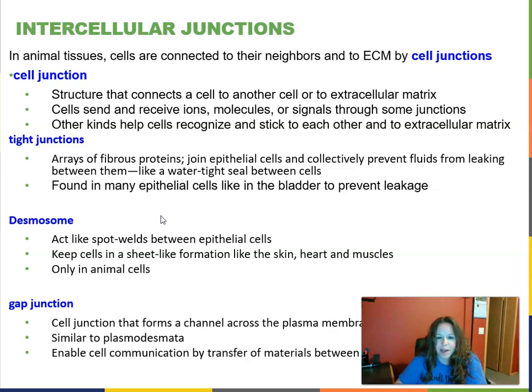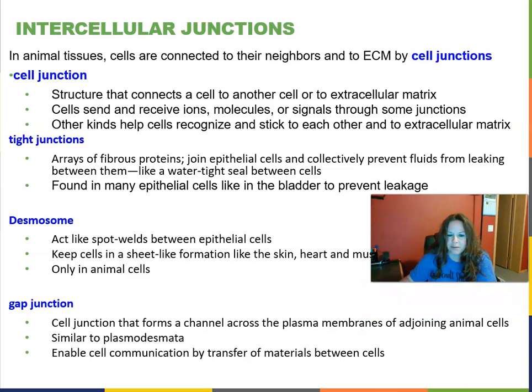Desmosomes are like spot welds also between epithelial cells, and they keep the cells in kind of a sheet-like formation. Places where we would need that would be like the skin, the heart, and the muscles, and we're only going to find those in animal cells. Gap junctions are very similar to the plant cell plasmodesmata, and they form little channels between cells.